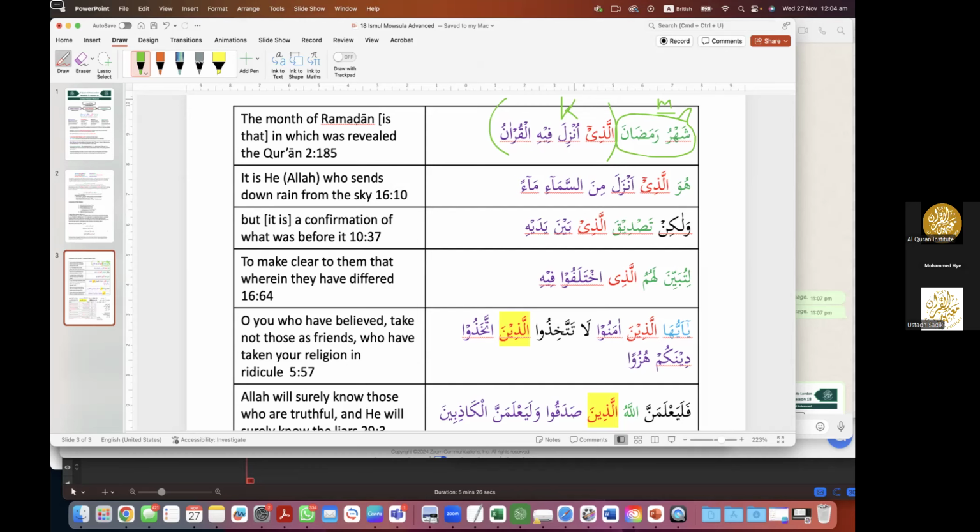Why is it Ramadana? Why is it not Ramadani? Memnu min as-sarf. It can take only fatha and dhamma.